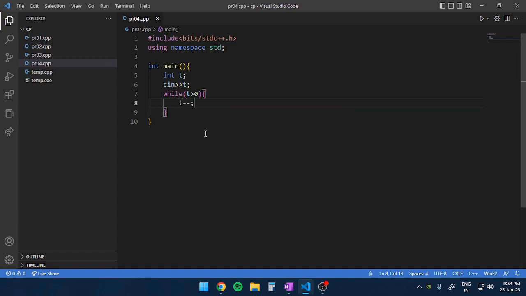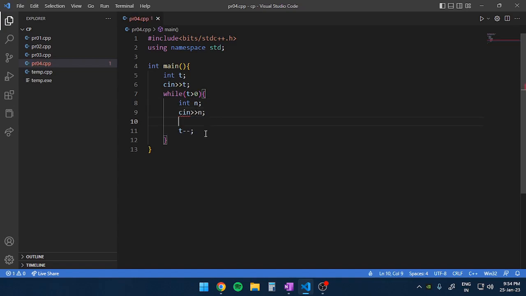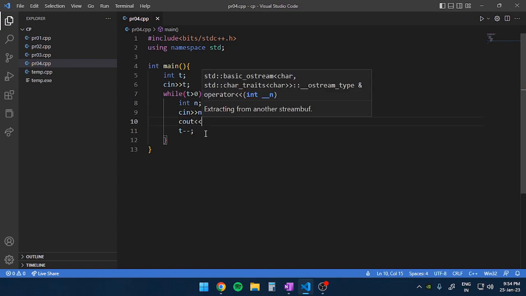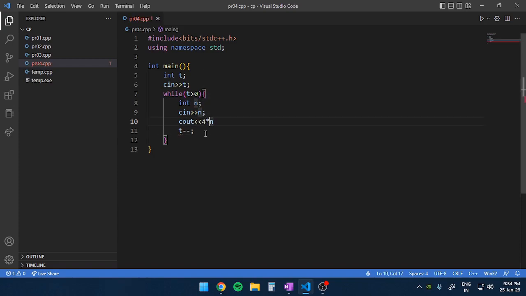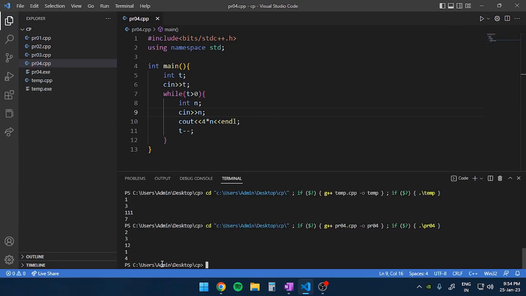T test cases, basically we have to take input in n, then we have to print out, which is basically 4n, right? Yeah, so now that's the whole code, and properly we have to put it there. Yeah, I guess this should do it. 2 test cases, 3, 12, 1, 4. Yes, cool.